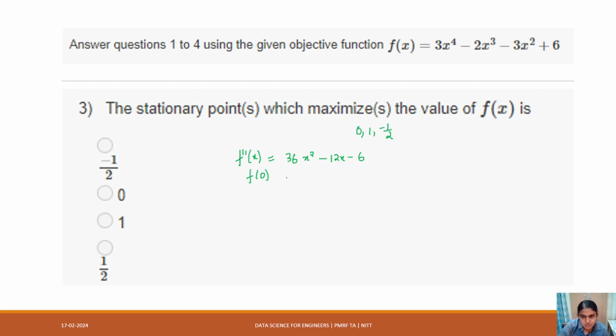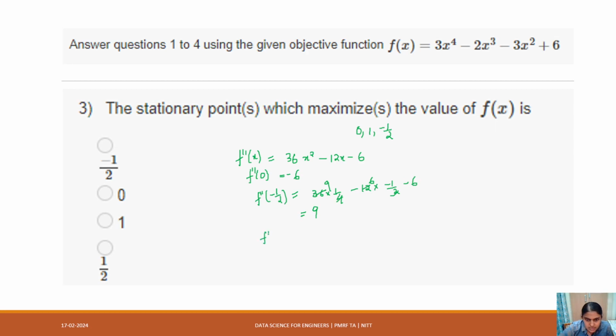So f double dash of 0 will be giving you minus 6. f double dash of minus 1 by 2 will be 36 into 1 by 4 minus 12 into minus 1 by 2 minus 6, so this will be 9 plus 6 minus 6, which is 9.